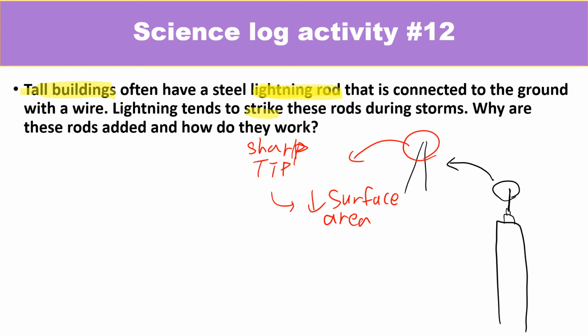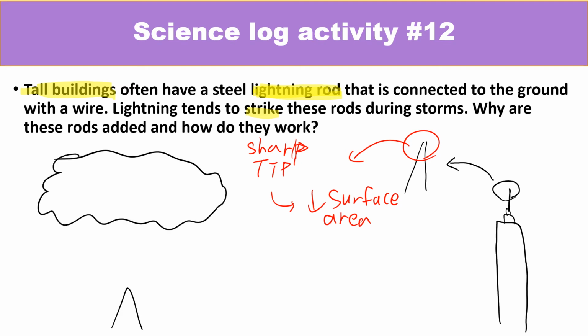Now, one thing that I want to point out to you is if you have less surface area, now let's magnify this a little bit bigger scale. Now it's unrealistic. Actually, I'm gonna make it a little bit more realistic. There you go. And let's draw an angry dark cloud over here. If you guys remember about lightning phenomena, there is a charge separation that occurs inside of a cloud.